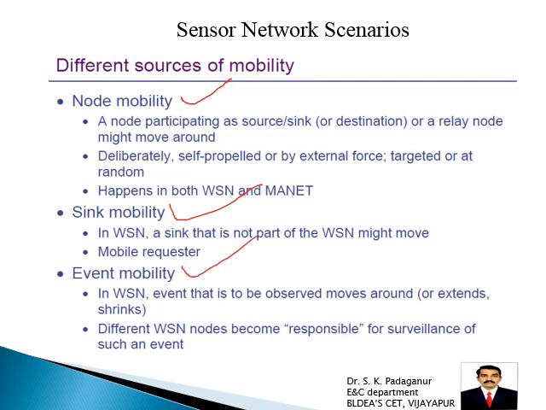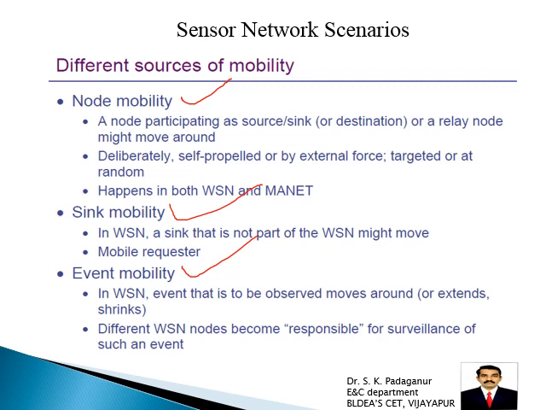Whatever event we are expecting, it may be receiving of data, receiving of packets, sending of packets, timer expiry, sometimes the event itself will move. So in WSN, the event that is to be observed moves around. So these are the different sources of mobility: node mobility, sink mobility, event mobility.